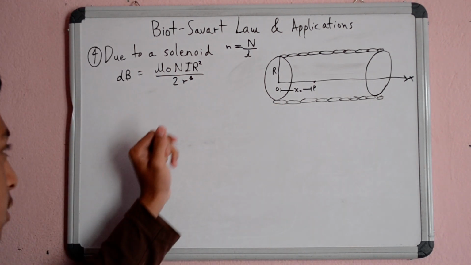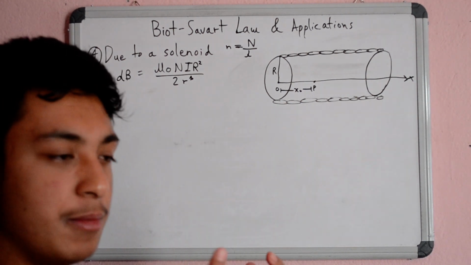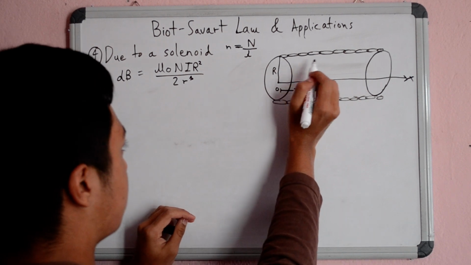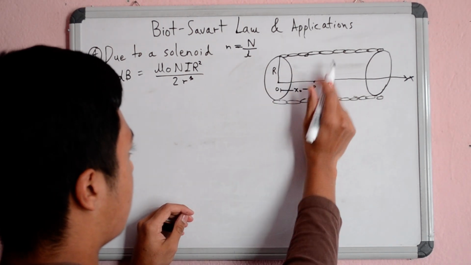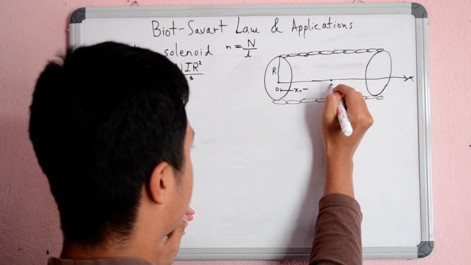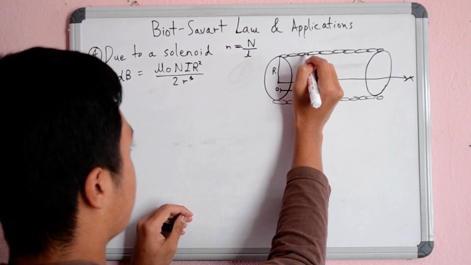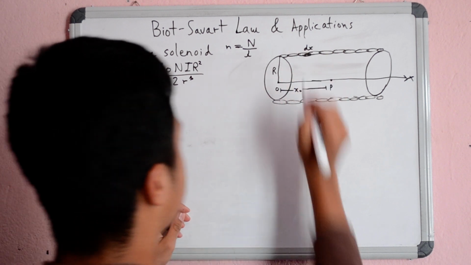Why? Because first, we have to introduce our current element. Here, we introduce a length element at a point, let's say, around here. I'm going to increase this point a little bit further. And let's say that this is of length dx.